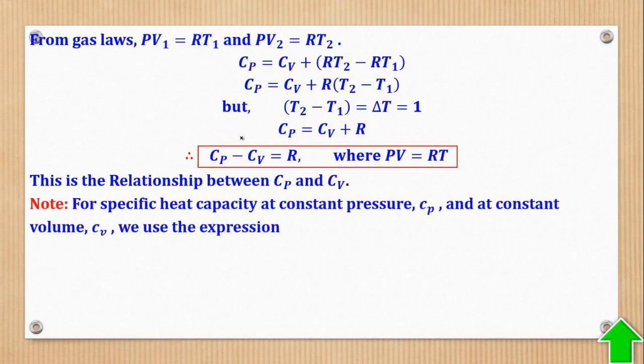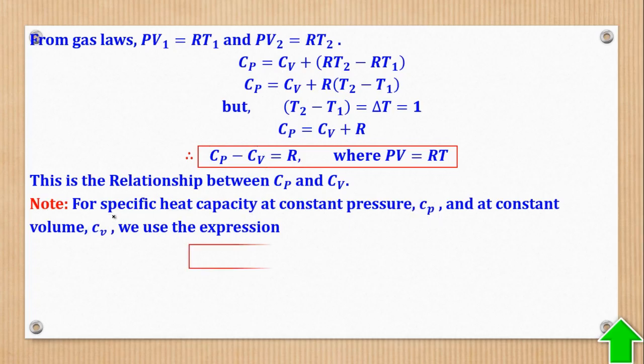Remember, we have been dealing with molar heat capacity. What if they use the word specific heat capacity? There we use small letters. I think we realize here, these are capital letters. Capital letters mean molar heat capacity, then small letters or lowercase letters mean specific heat capacity.